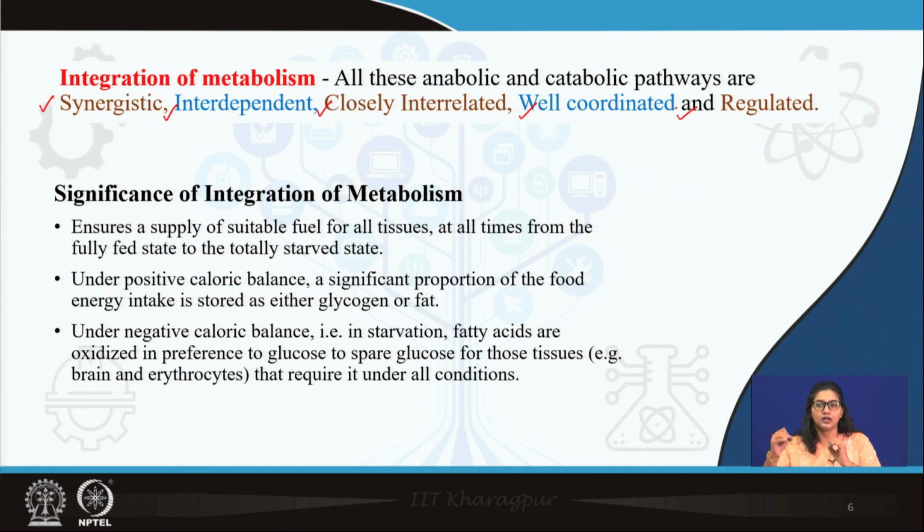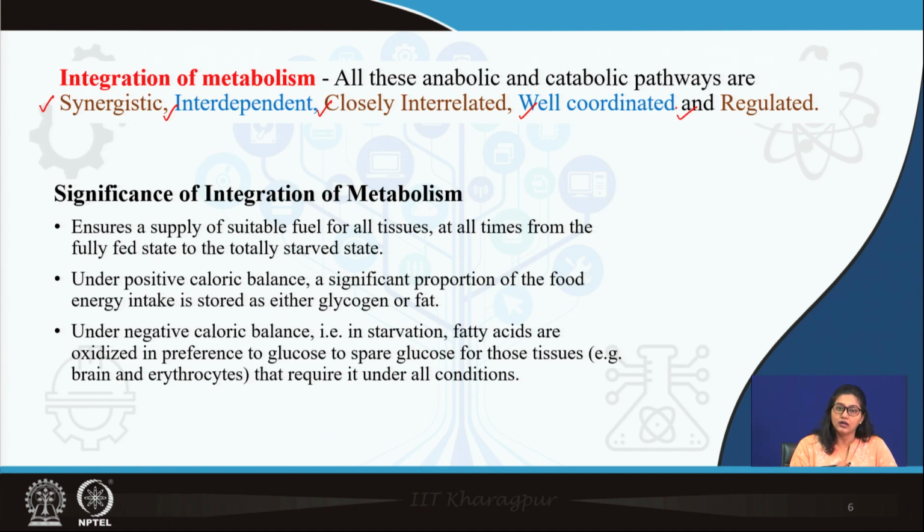Which tissue chooses which fuels, based on that the supply occurs at all times from fed state to starvation. This integration decides which fuel is to be supplied to which tissues and to which extent.